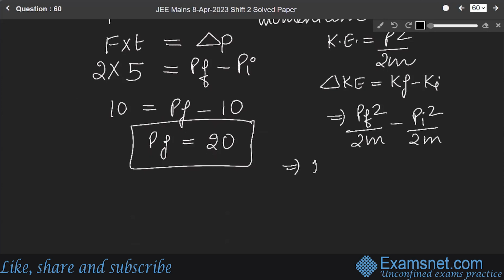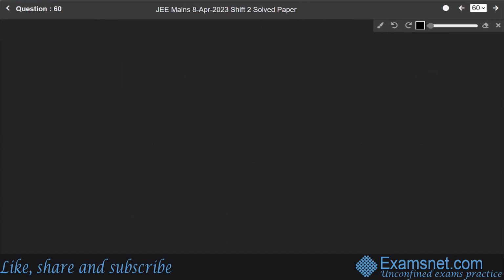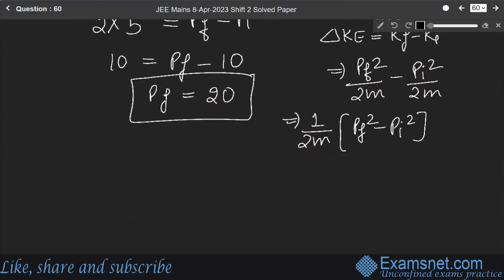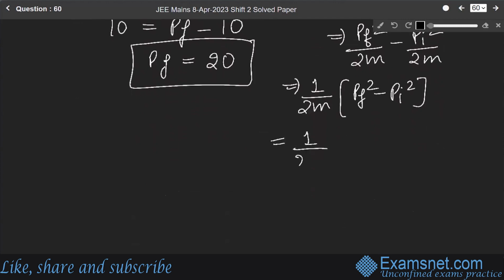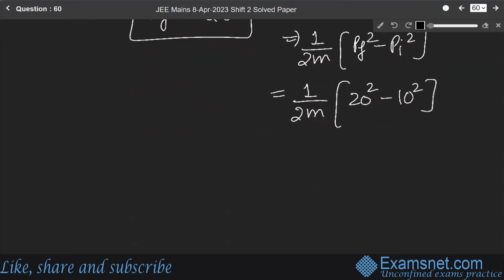So it will be equal to 1 by 2m times Pf square minus Pi square. Okay, so Pf square is how much? 1 by 2m, 20 square minus 10 square. So it will be equal to 1 over 2m, 400 minus 100.